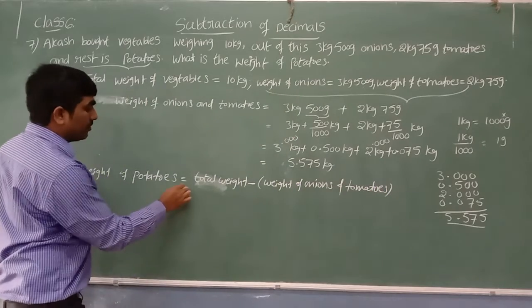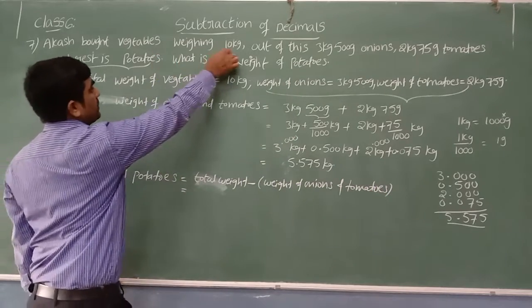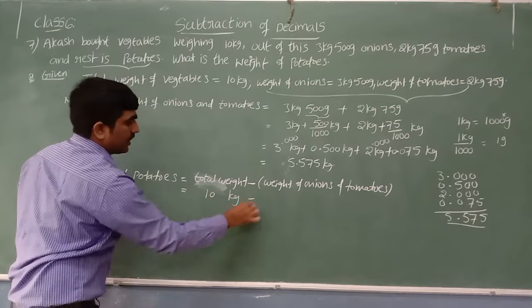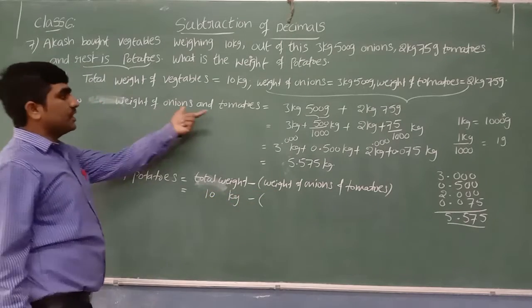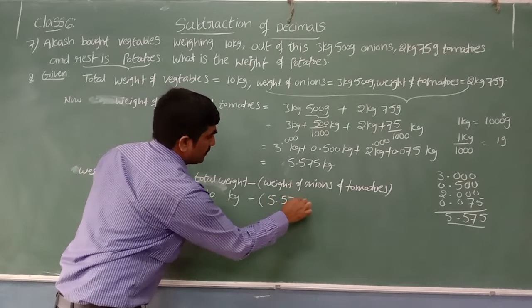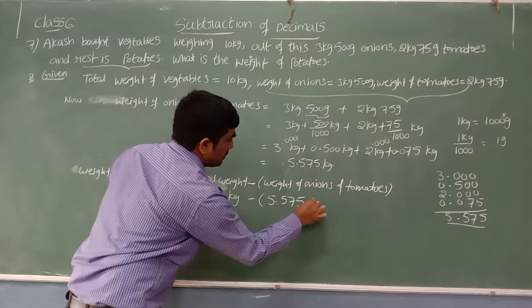So what is the total weight? The total weight of the vegetables is 10 kg. From 10 kg subtract the weight of onions and tomatoes, which is 5.575 kg.